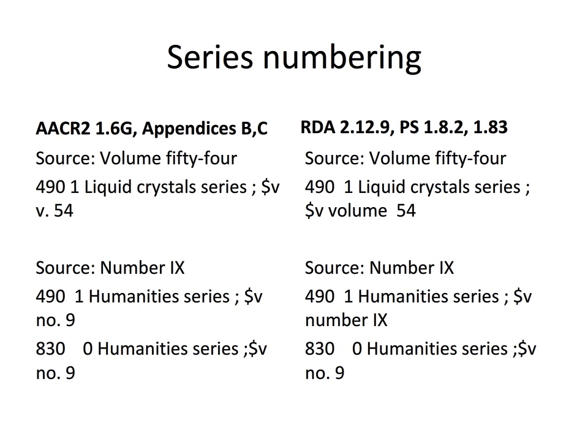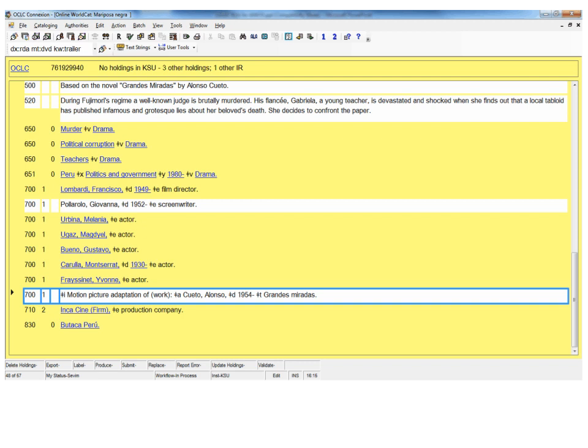But remember that when it comes to series, the 490 is only half the story. Each 490 gives us what was seen on the piece. Then if it's traced, it's paired with an 8XX field, typically an 830. That 830 shows us the authorized form of the series. In the 830, we'll continue to use the instructions as given in series authority records for numbering.